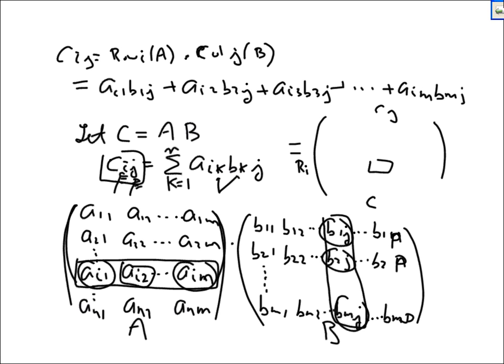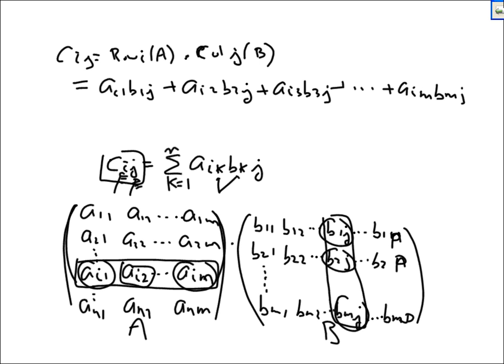That will be the C_ij entry, the ij entry of the product.